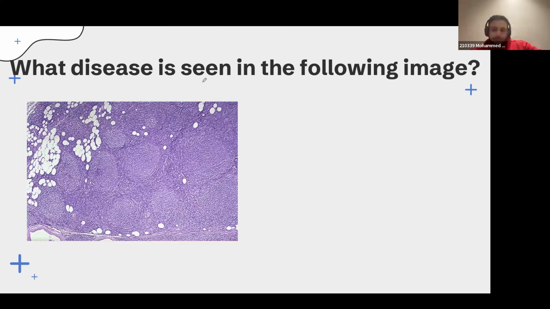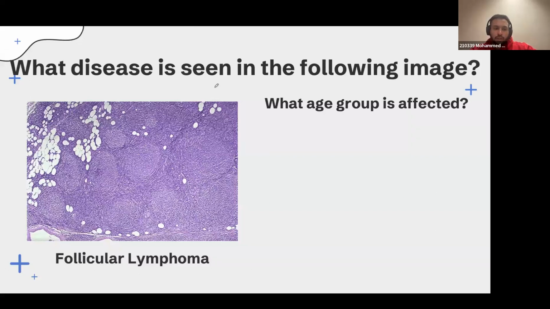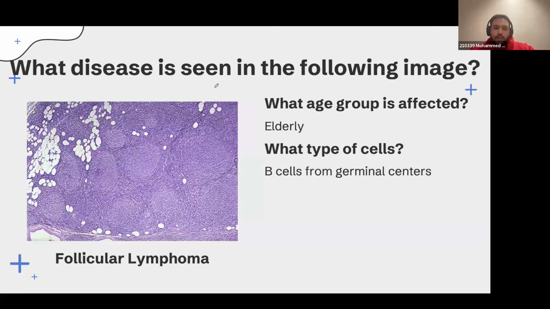Now, what age group is affected? Elderly, most likely in the elderly. Good. What types of cells are these? B cells, perfect. And again, it's from the germinal centers. Now, what's the specific translocation seen in this lymphoma?